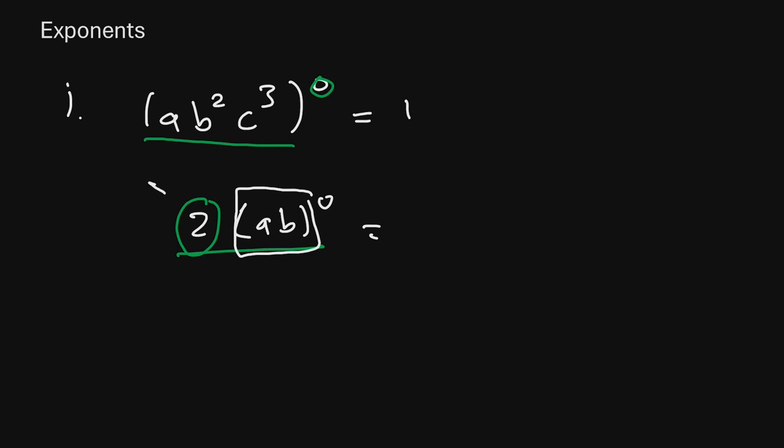But now this 2 is not raised to the power of 0, so we're just going to write it as it is, and then we multiply with the answer of this thing that is raised to the power of 0, and the answer is 1. So therefore, the answer to this problem is just going to be 2. So that is the first law we have learned in grade 10, that any number raised to the power of 0 is equivalent to 1.